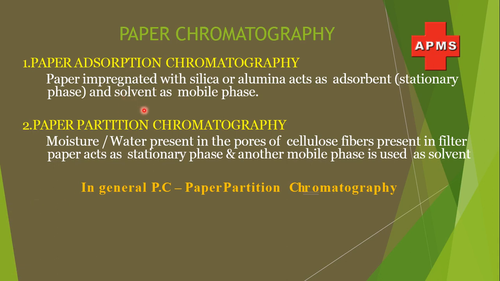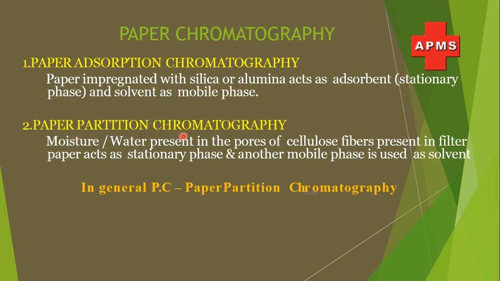In paper adsorption chromatography, the adsorption of sample components takes place on the paper material itself. Here, the paper will be impregnated with adsorbents like silica or alumina gel. So these work as the stationary phase here, and the solvent as the mobile phase.